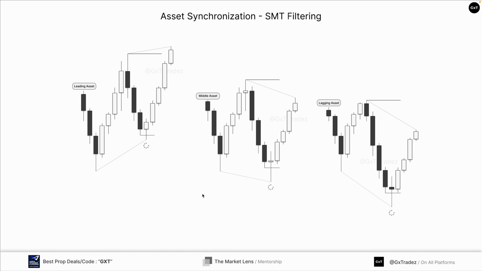One of the easiest ways to tell that SMT will break is if all markets at the reversal, see how they're all creating SMT. If they're all expanding away, and I've talked about this many times, typically they're all going to reach that low-hanging fruit draw that the leading asset has taken.